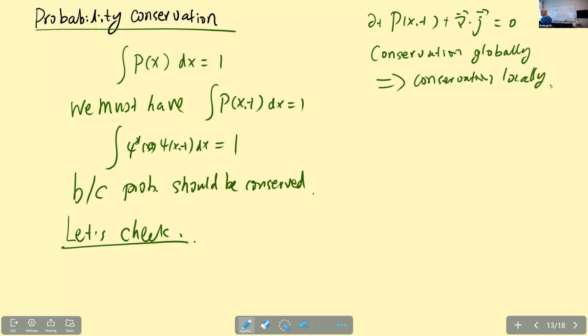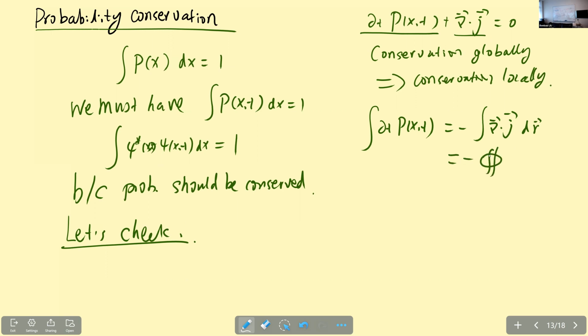So that means the time derivative of this one should always be related to a current. So if we do the integration, for example, that will equal minus, and this one by Gauss's law will equal, and then at infinity this one should be 0.